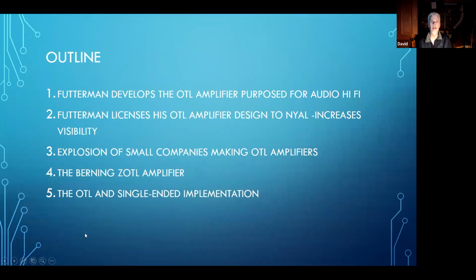So here's the outline of my talk. Futterman develops the output transformerless amplifier purposed for audio hi-fi. Then I'm going to talk about Futterman licensing his OTL amplifier to New York Audio Labs. This increased visibility tremendously. There was an explosion of small companies making OTL amplifiers.